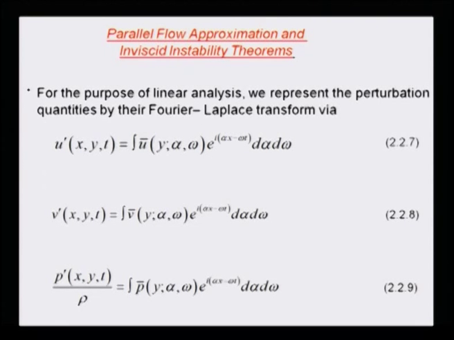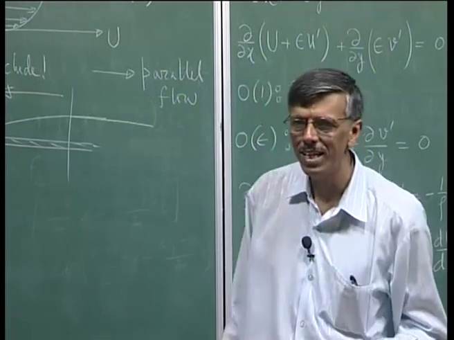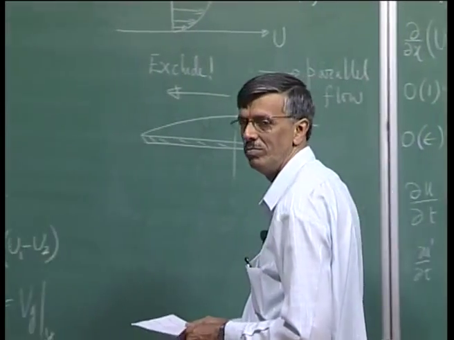Now what we are going to do is the same thing that we did in studying Kelvin-Helmholtz instability. We want to look for more accuracy and a little more tangible means of analyzing it. So, we represent these disturbance quantities in terms of their Fourier-Laplace transform.